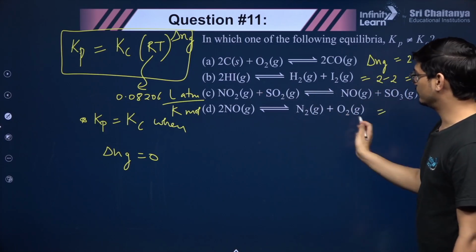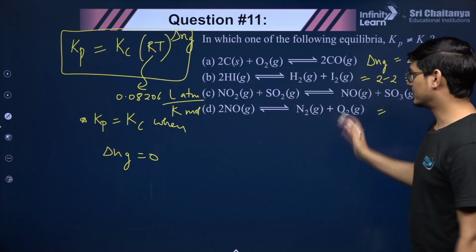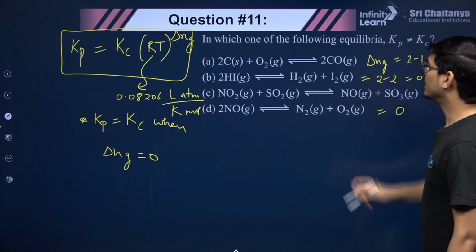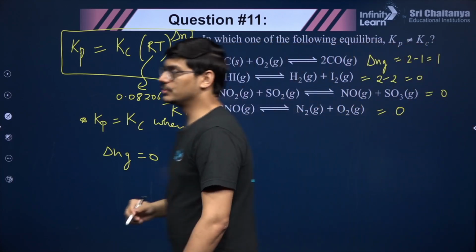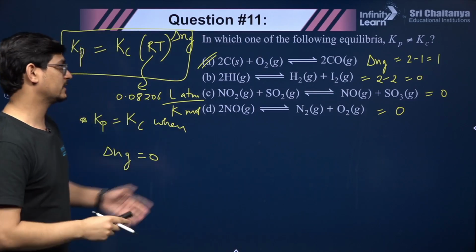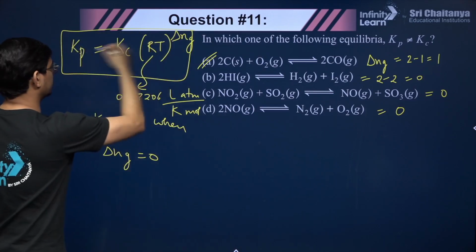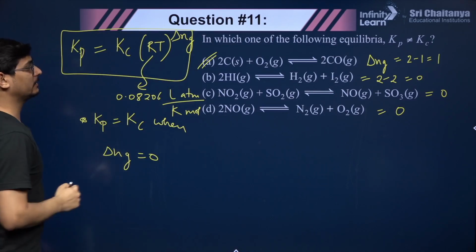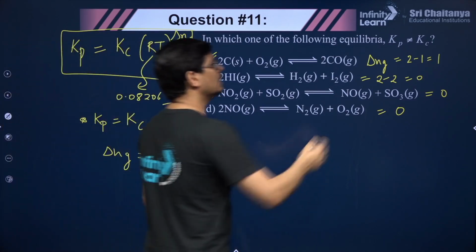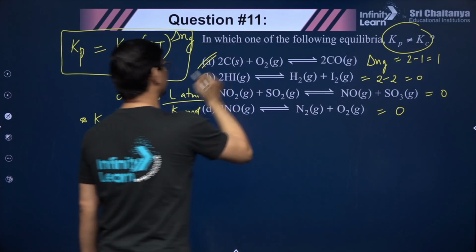And here again 2 and 2, so 0. So there is only one case where delta Ng is not 0, it is 1. If delta Ng is 1, Kp is Kc multiplied by RT, which clearly means Kp is not equal to Kc. So that makes option 1 our correct answer.